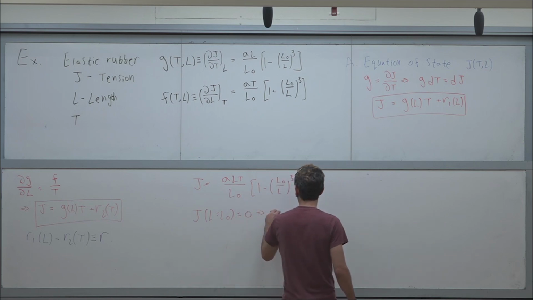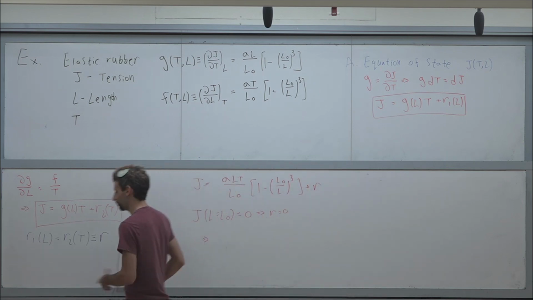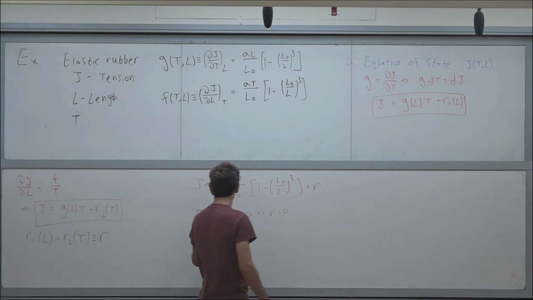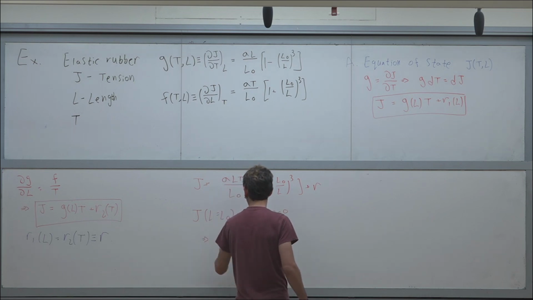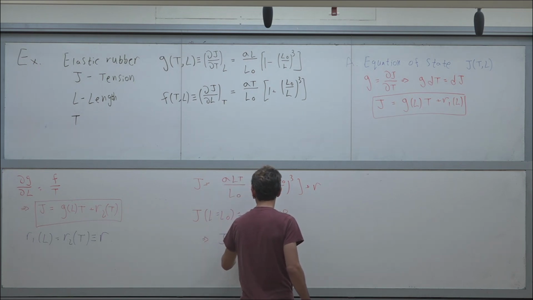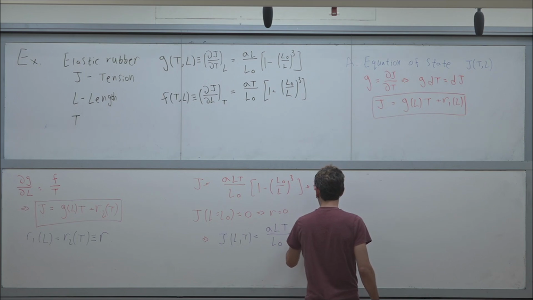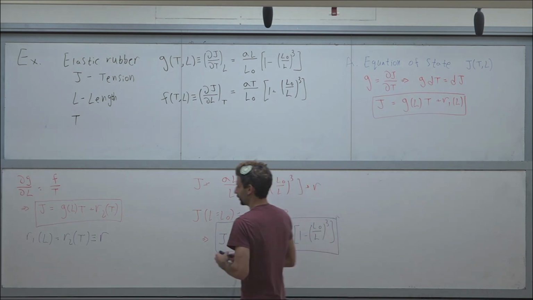Meaning that R equals 0, meaning that J is aLT over L naught times that bracket. This is the final answer for the tension.